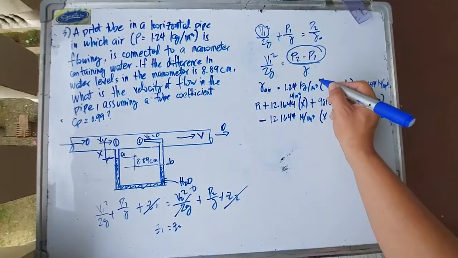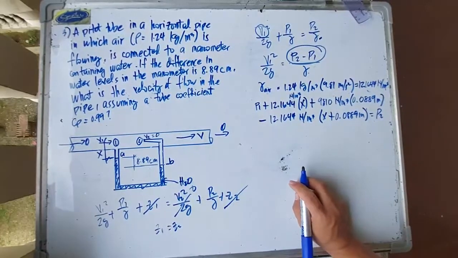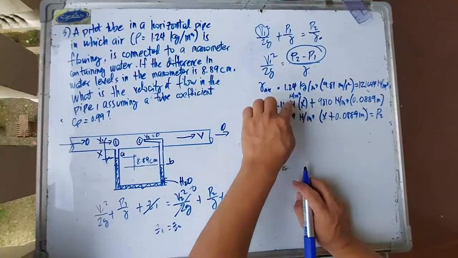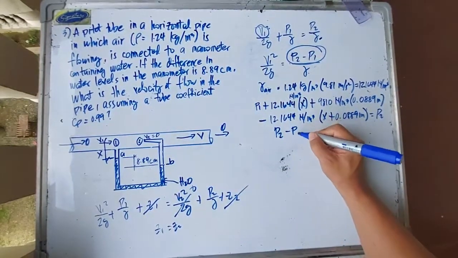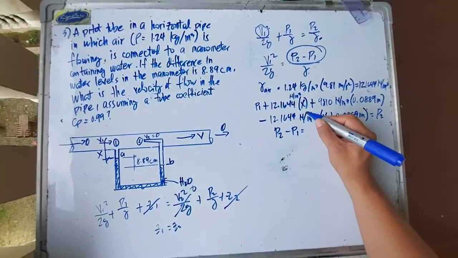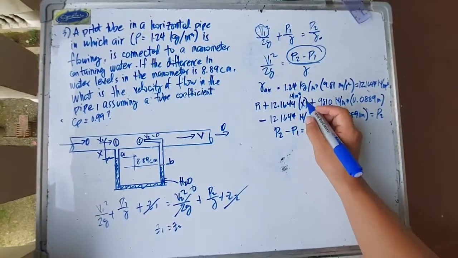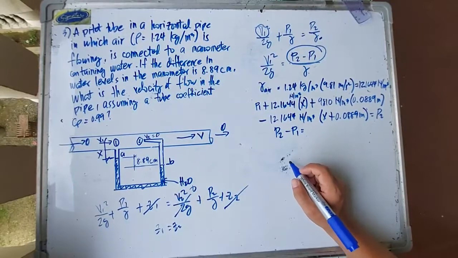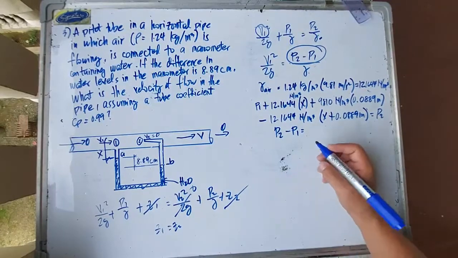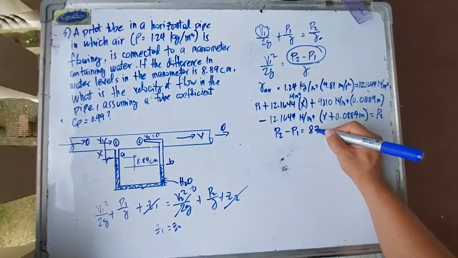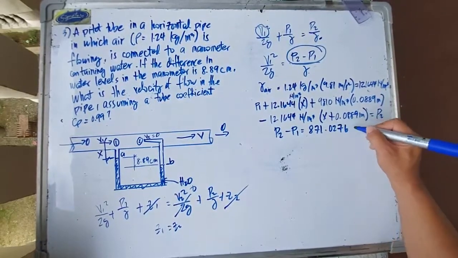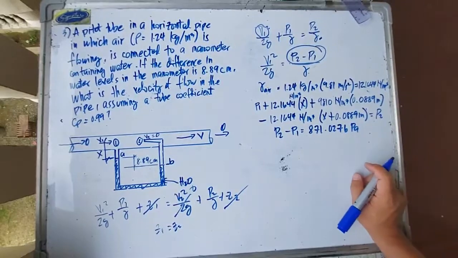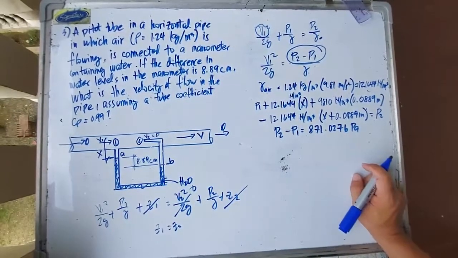X can actually be eliminated, these terms would cancel. We're left with P2 minus P1, the difference in pressure, in pascals, equal to 871.0276 pascals, which is in newtons per square meter.